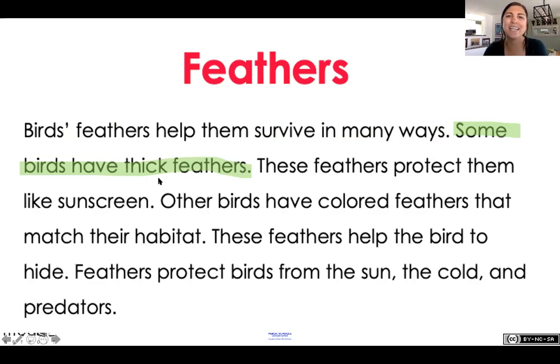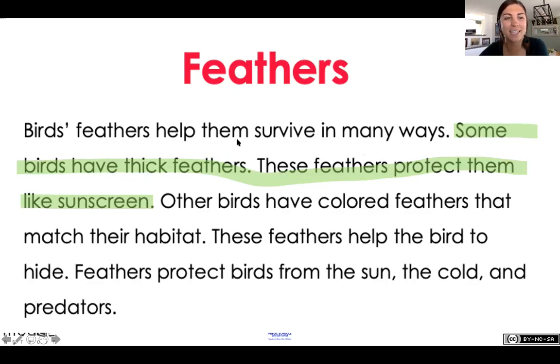So some birds have thick feathers. What do you think our next detail sentence is going to be about? It's probably going to talk about those thick feathers, right? Let's check. I've also highlighted the second sentence. Actually it's the third sentence, but it's the second detail. These feathers, what kind of feathers? Thick feathers.